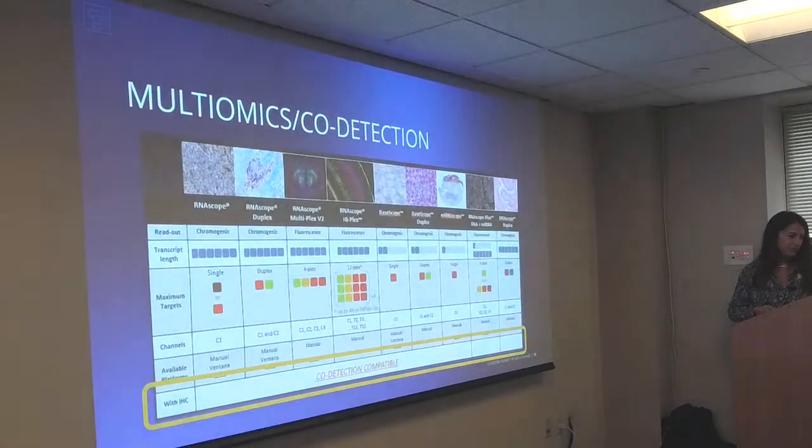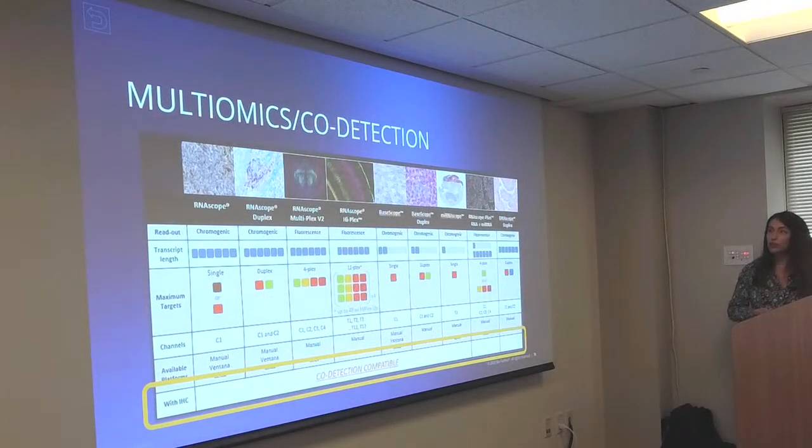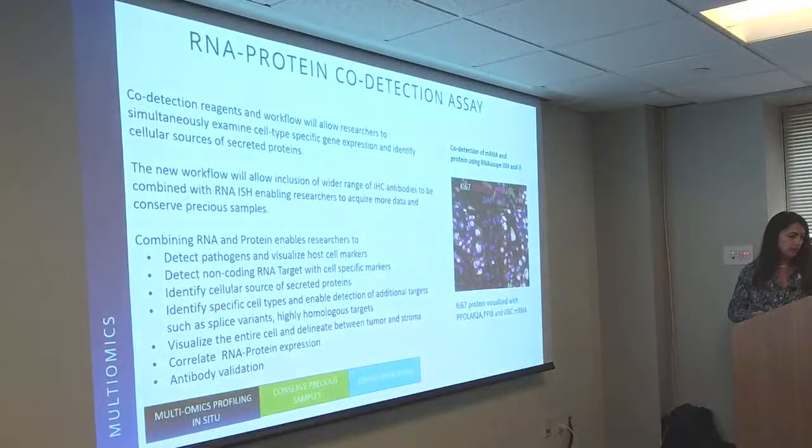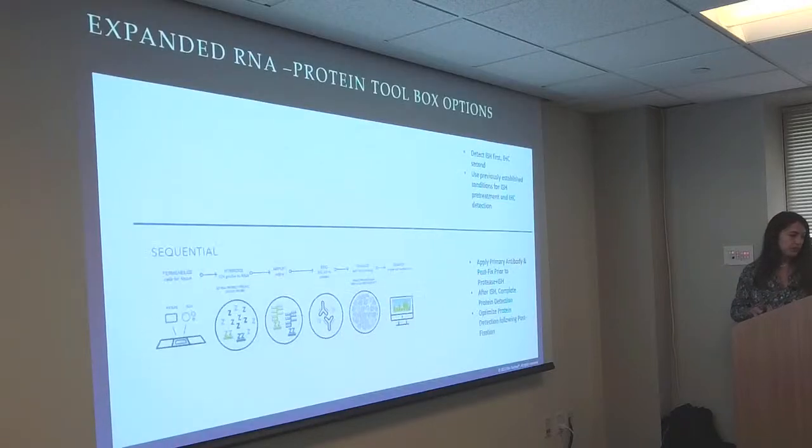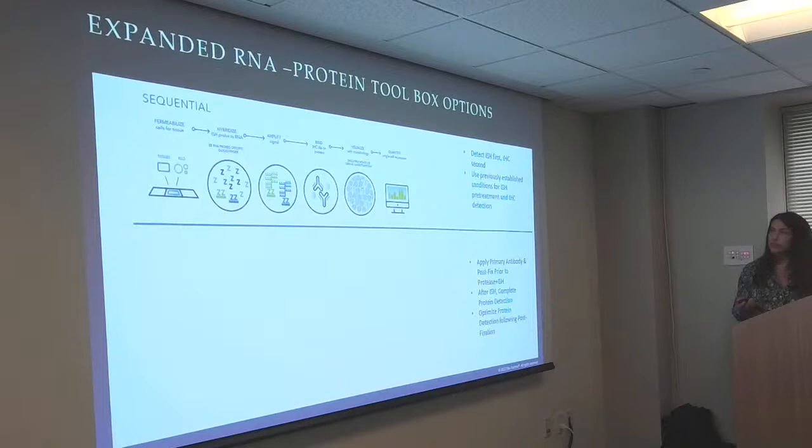Which is that we can merge together protein and RNA together. We call it co-detection. We have two different ways of letting you see protein and transcript at the same time. The first pass through is just to do sequential.